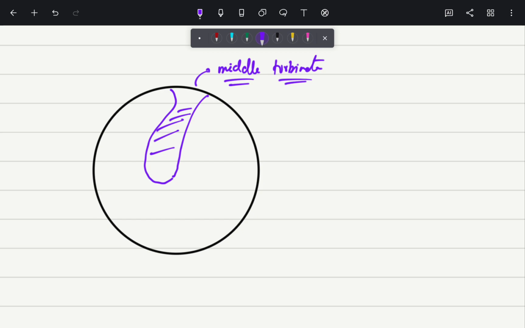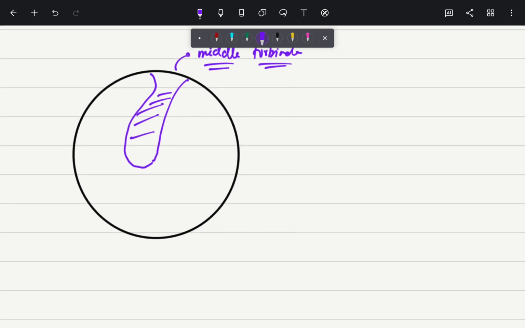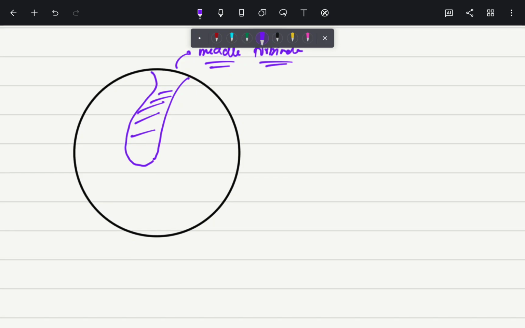Okay, so this is the external opening of the nose through which you are doing a nasal endoscopy, and these are the structures that you are going to see through this. Okay, so this is the middle turbinate, and here is your middle meatus.